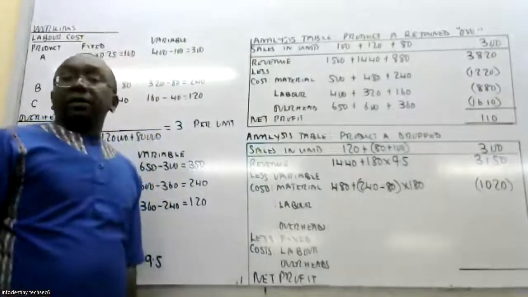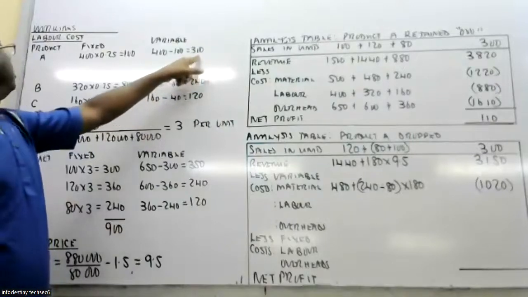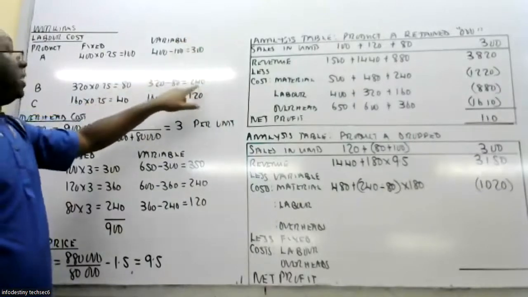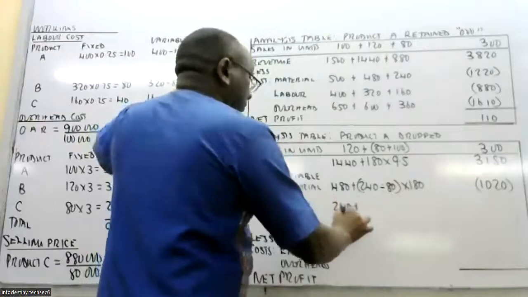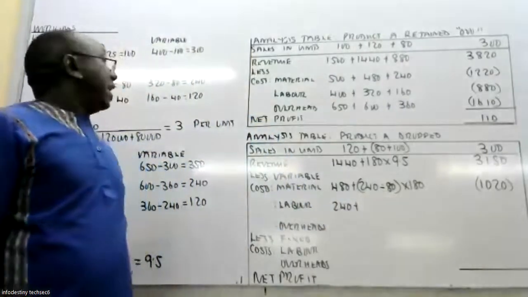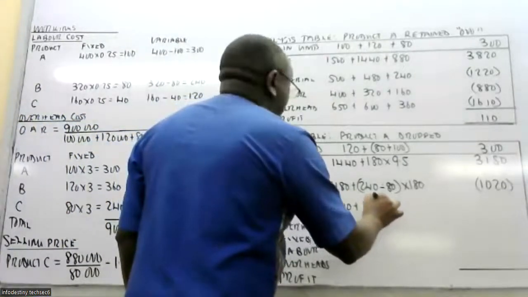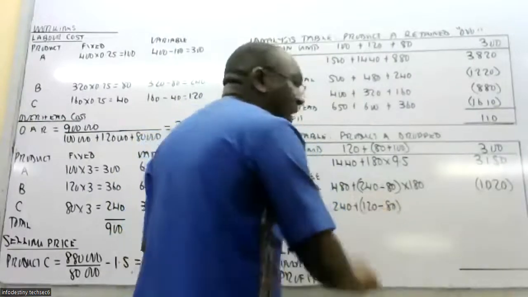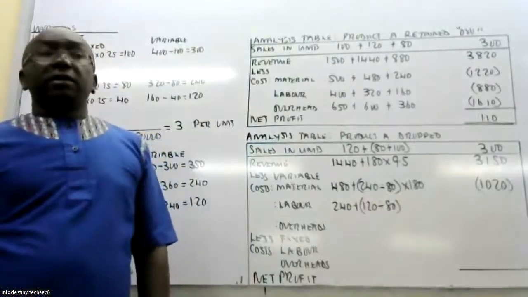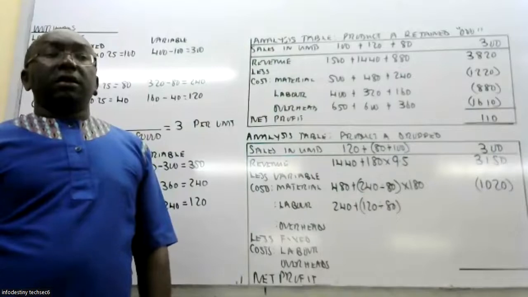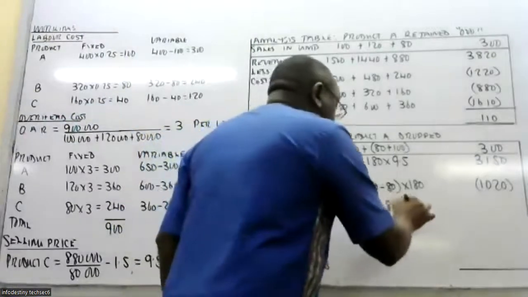We go to labor. Labor, already to say divide. This one for A is no more, but for B is 240. Then there is this one of C, 120. You first of all divide by 80. Sijui kama inasema the variable cost for labor will increase. Kama hiyo. It will go up by 20, the variable, eh? Yes. So then this one you multiply by 1.2.